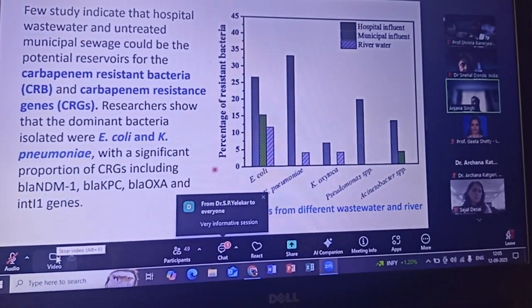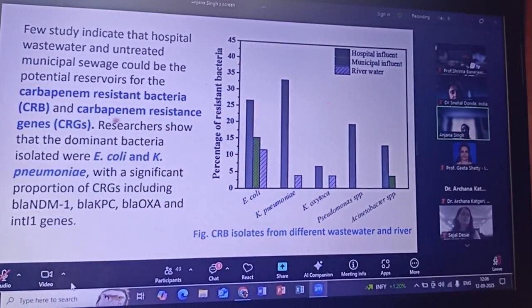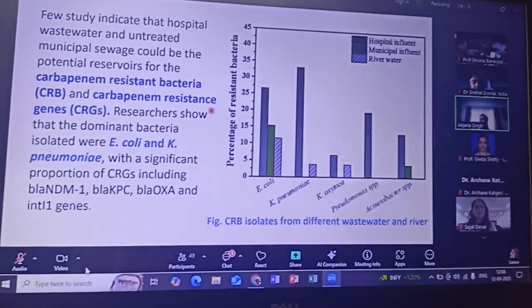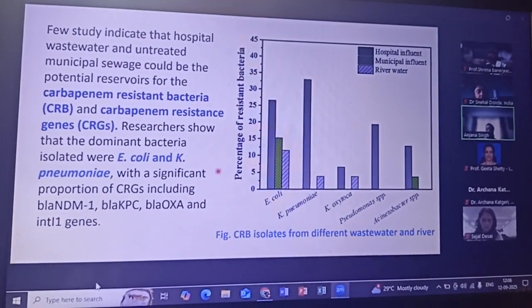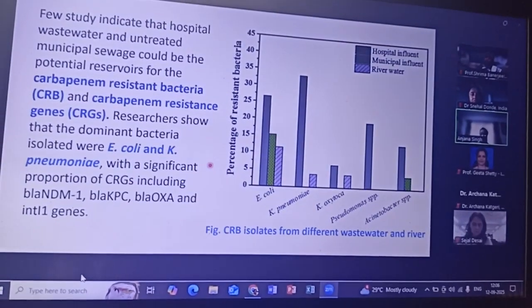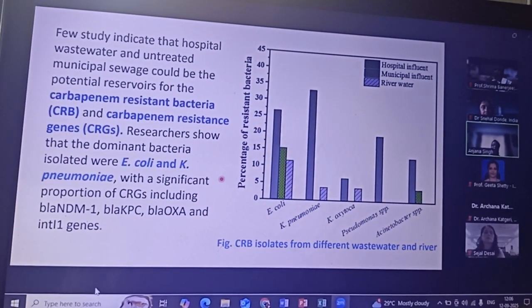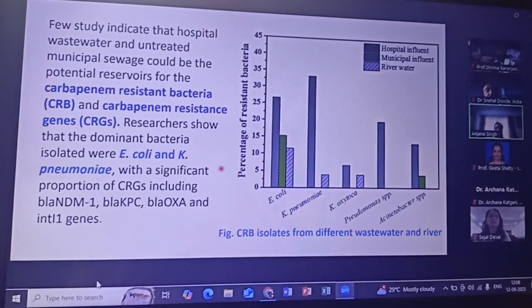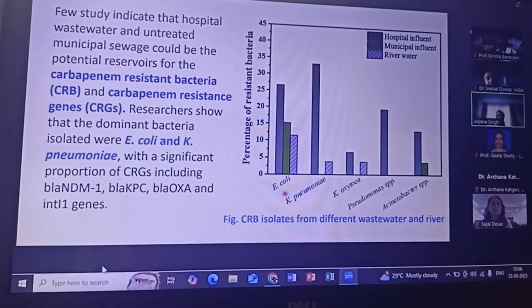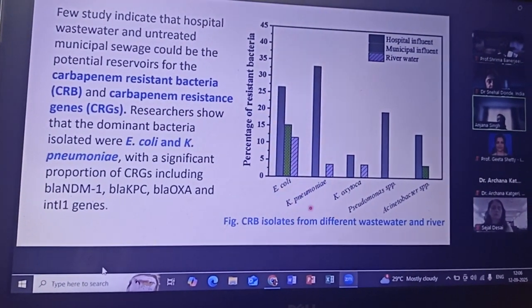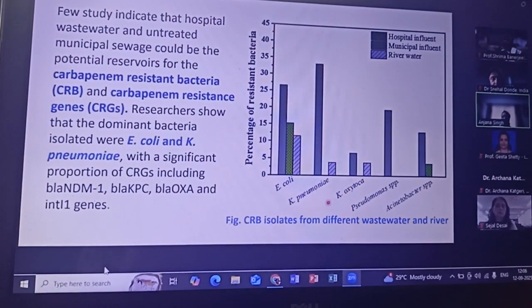Researchers have shown that carbapenem resistant bacteria and carbapenem resistant genes are present in the wastewater and the river of the Bagmati River and Bisnumati River and their tributaries, which flow through the Kathmandu Valley. Most of the isolated organisms are E. coli, you can see here, and Klebsiella pneumoniae, followed by Pseudomonas, Acinetobacter, and Klebsiella oxytoca.